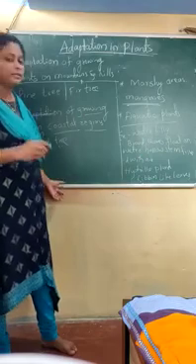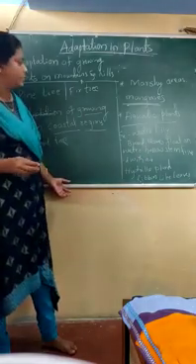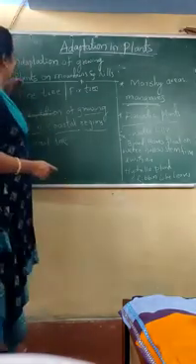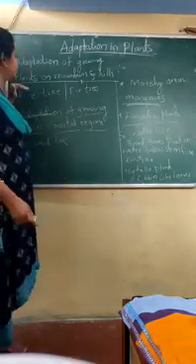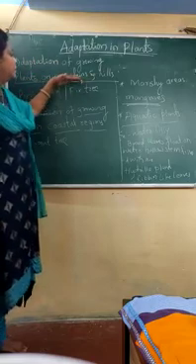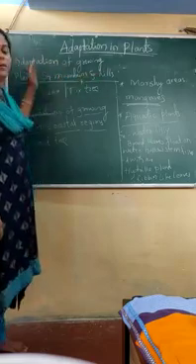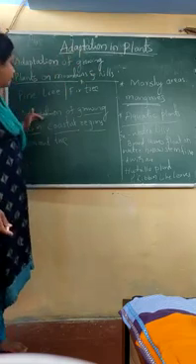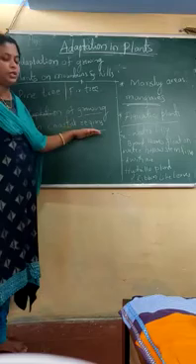Before ending this, I would like to give you some questions. Write down how the plants in the mountains and hills have adapted themselves. You can write down the adaptation of plants growing in coastal regions.